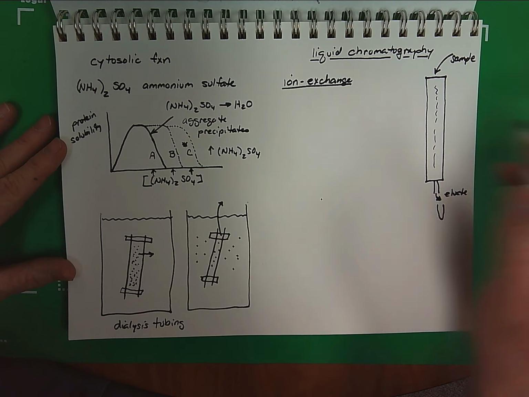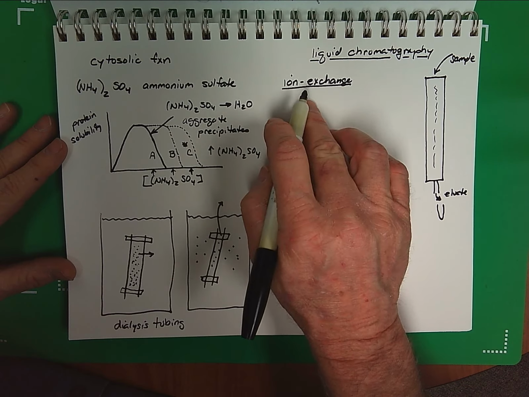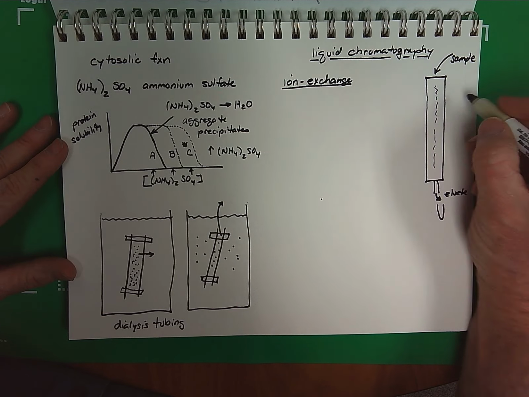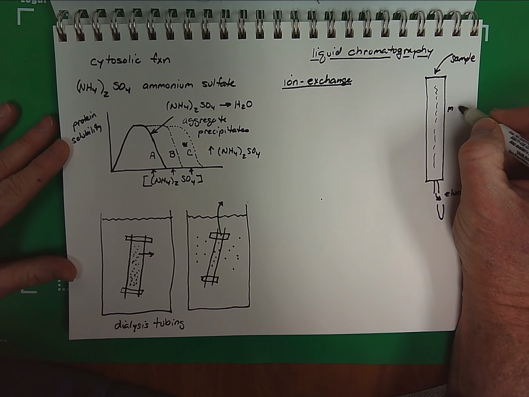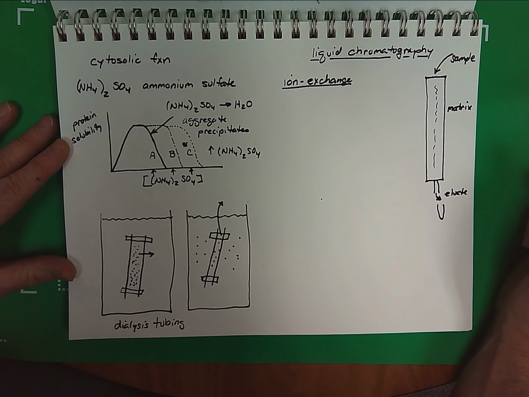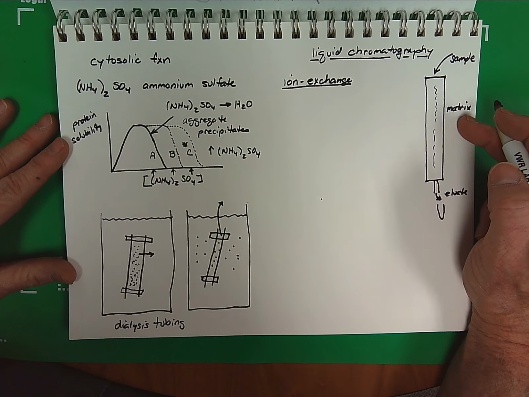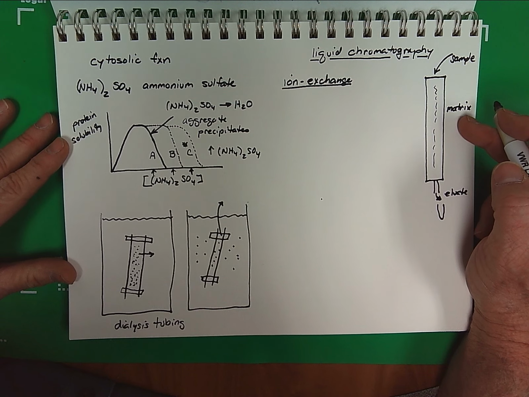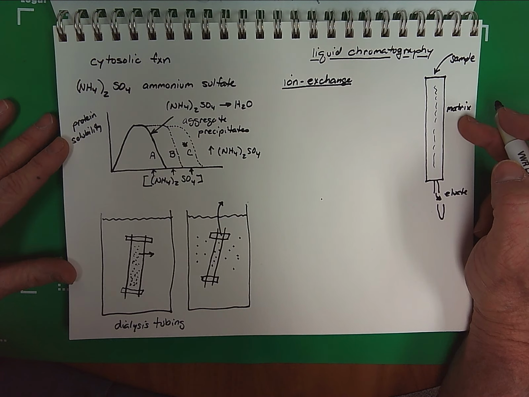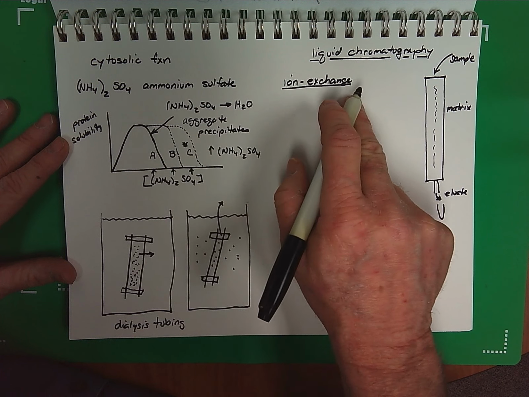Now what makes liquid chromatography unique is the material inside the tube that the protein sample is percolating through. This material is called a matrix, and the matrix can differ for different types of liquid chromatography. So one type of matrix is ion exchange.